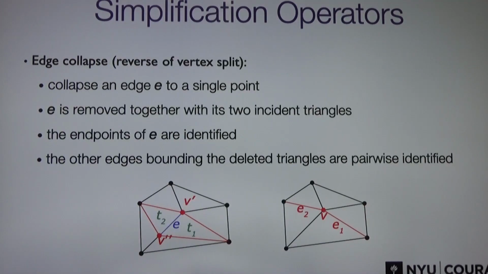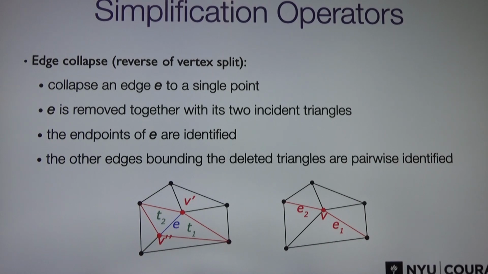Simplifications are basically the opposite of these splitting or refinement operators here. So we have edge collapse, which will collapse, delete an edge from a mesh and collapse the two triangles that were sharing this edge.